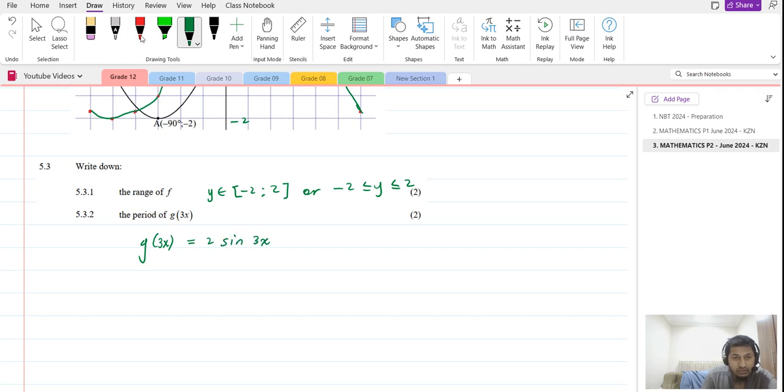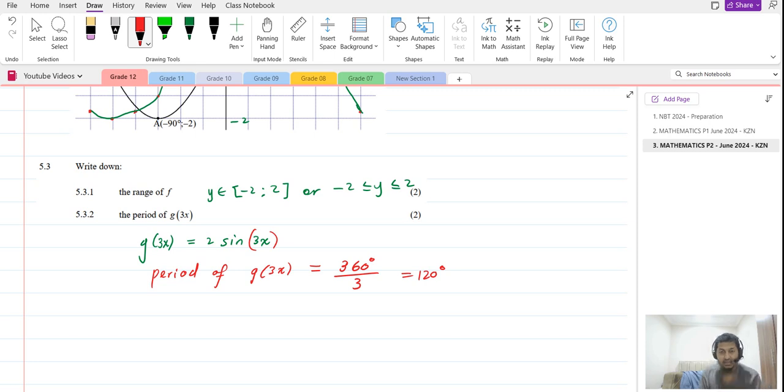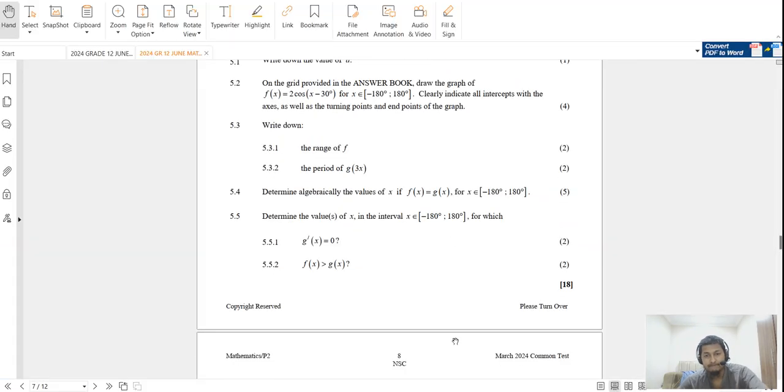So to find the period, the period of g of 3x is equal to 360 divided by k, which is the coefficient of x. So 360 divided by 3 is 120 degrees. The period of the general sine graph is 360. Right, so far so good. Let's look at the next question.